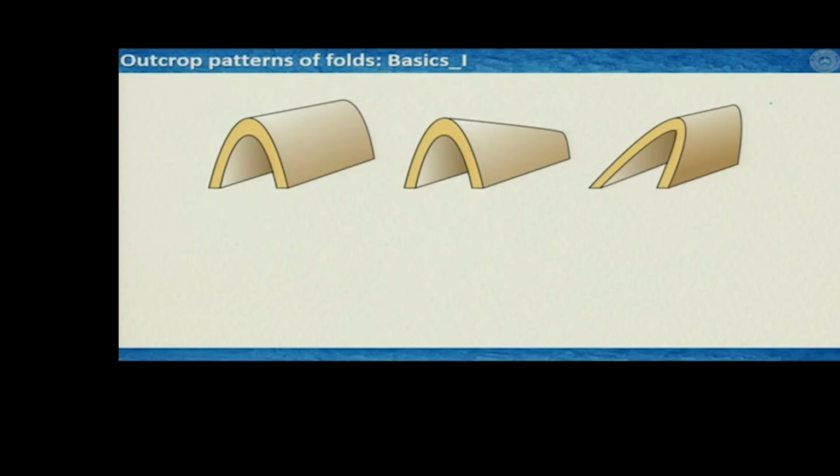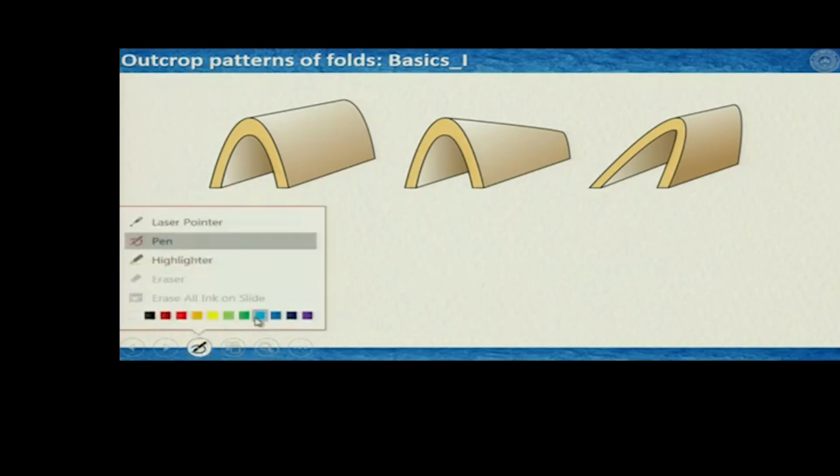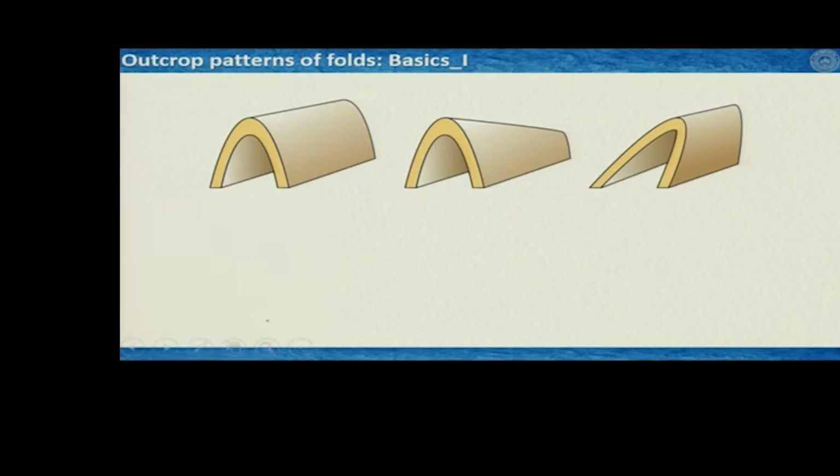The fold axis in all cases is very much straight and so on. So what do we mean by outcrop patterns? We just have seen the geometries, but they can appear on the surface in different ways, because they not necessarily will appear the way we see them or we draw them.